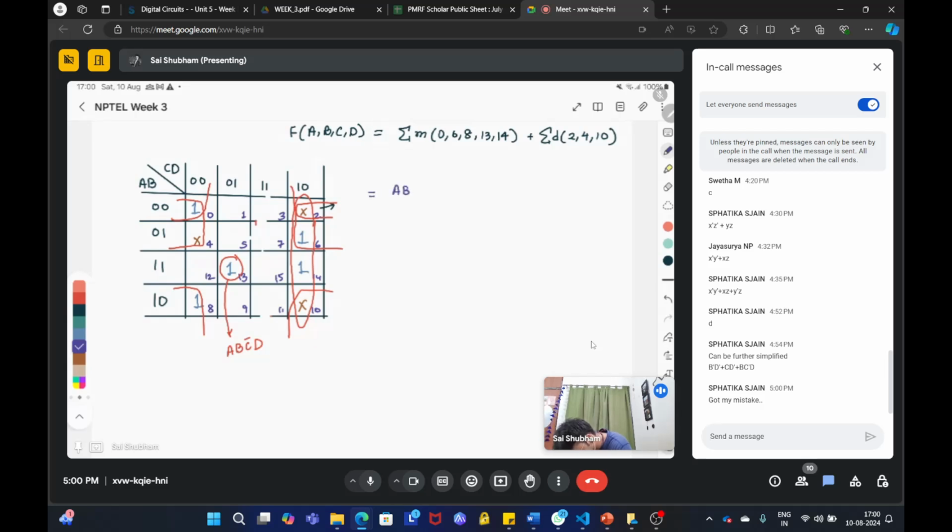So writing the answer, it will be a b c dash d plus, let's take this square, it will be b bar and d bar, fine, plus taking this square, suppose this is 1, this is 2, so this square will be a bar and d bar, fine, and this rectangle, it will be c d bar.